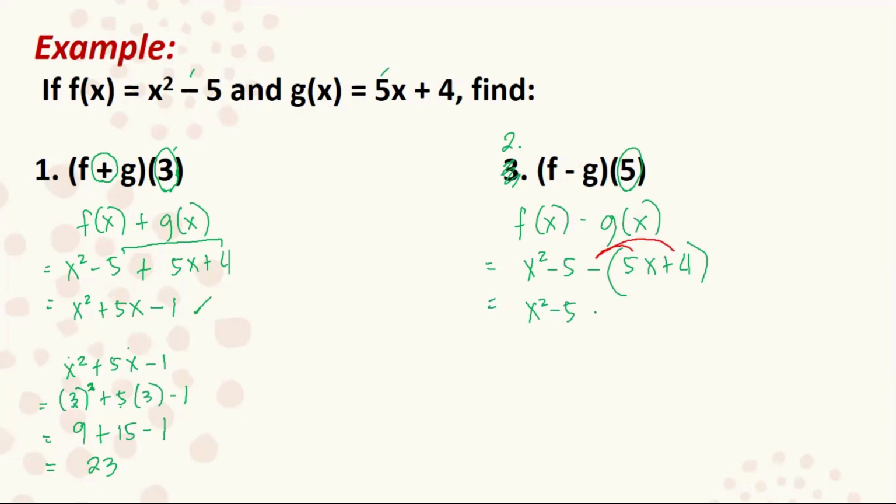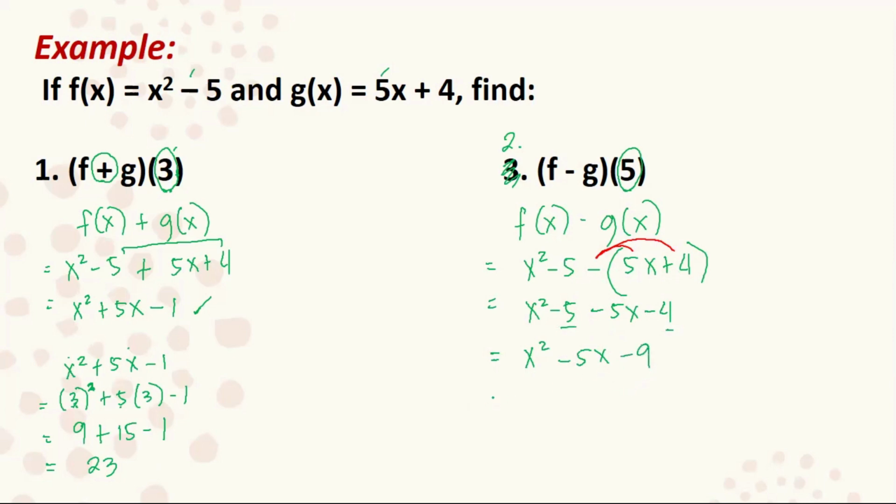Negative times 5x is negative 5x. Then negative times positive 4, we get negative 4. So combining like terms, we have x squared minus 5x, negative 5 minus 4 is negative 9.